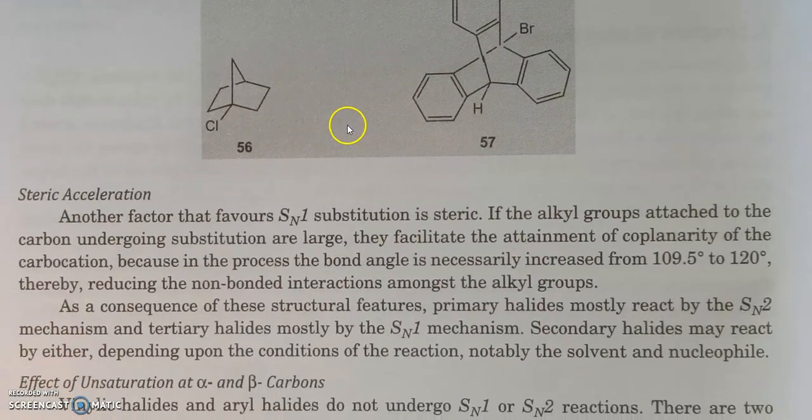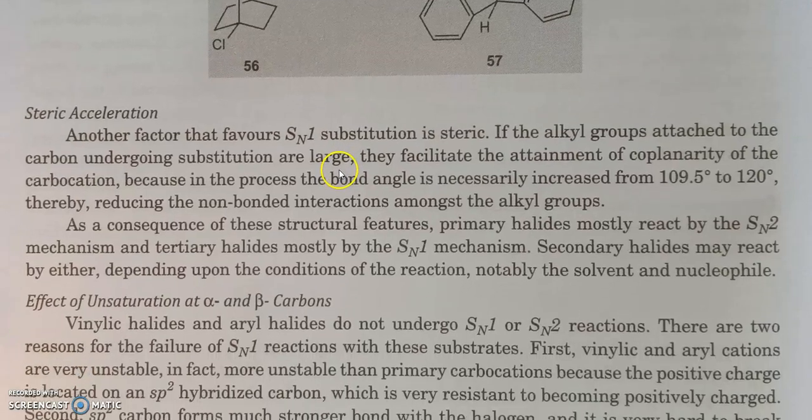So, what are the other reasons? Steric acceleration. Another factor that favors SN1 substitution is steric. If the alkyl groups attached to the carbon undergoing substitution are large, they facilitate the attainment of coplanarity of the carbocation, because in the process the bond angle is increased from 109.5 degrees to 120 degrees, thereby reducing the non-bonded interactions among the alkyl groups.